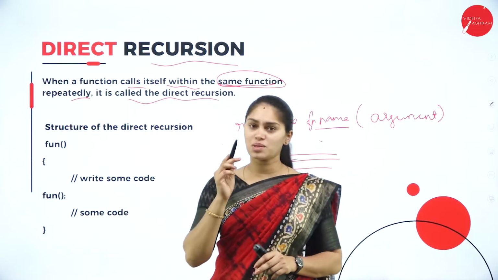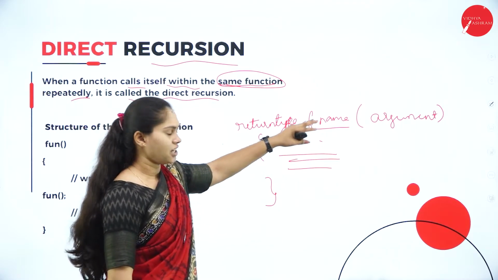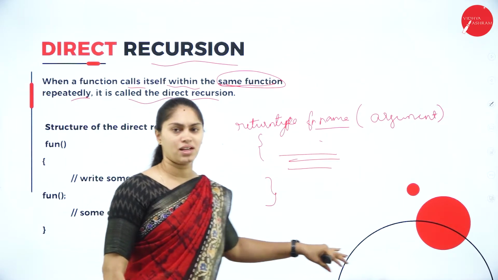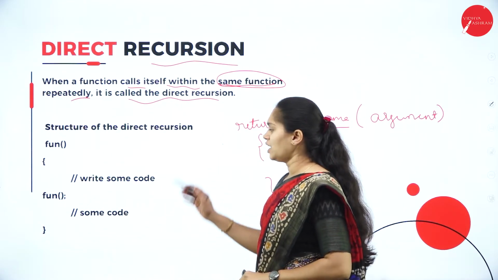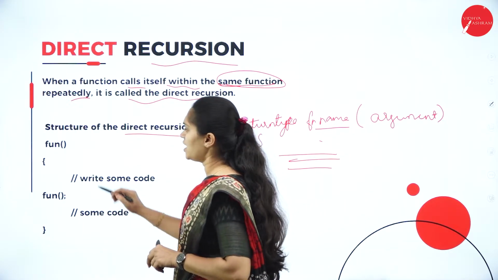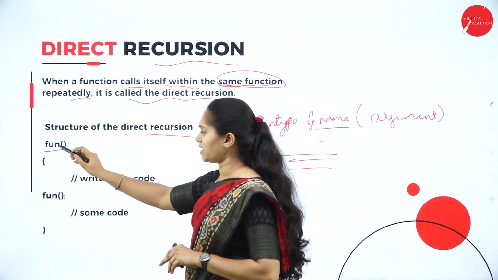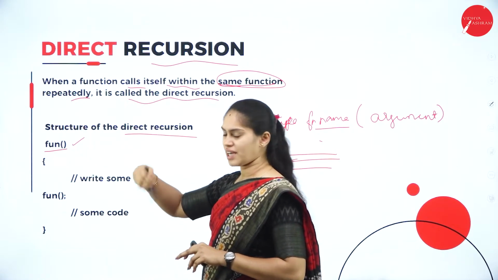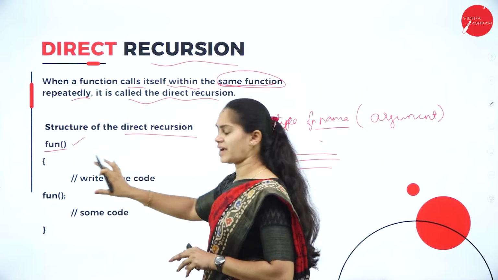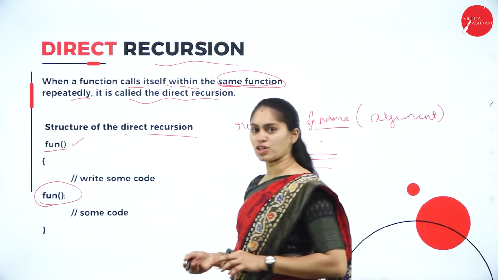If I want to come out of the loop, then the condition has to be false, and only then will it come out of the loop. You can see the structure here, or the example of this direct recursion. Here fun is the function name and the curly braces open. That means the scope of this function is activated, and we write some code statements here. And again I have one more call to fun.